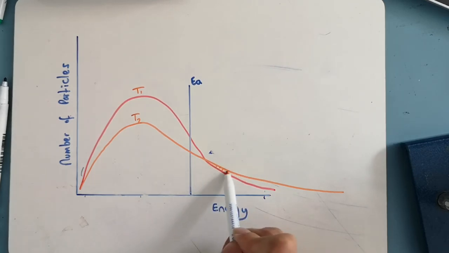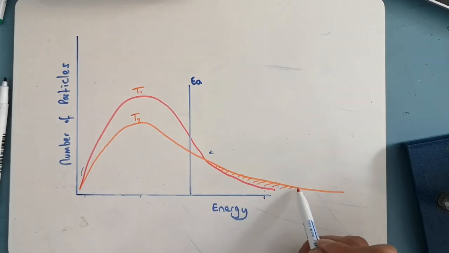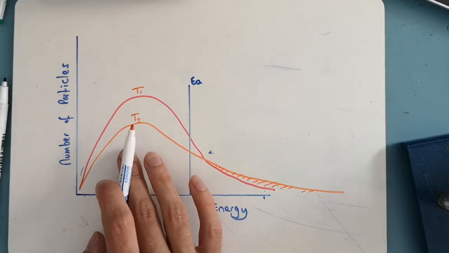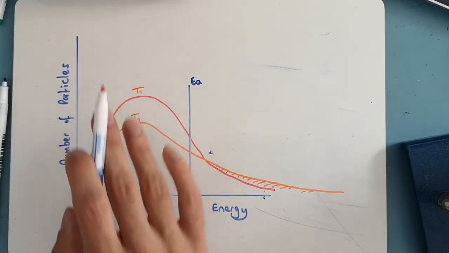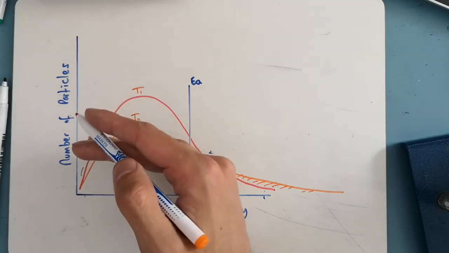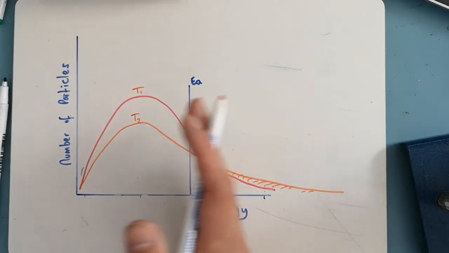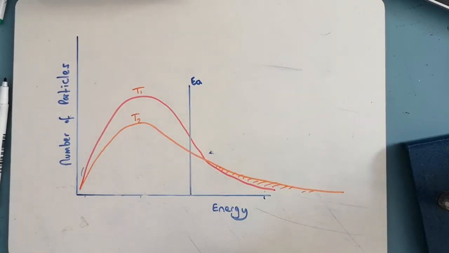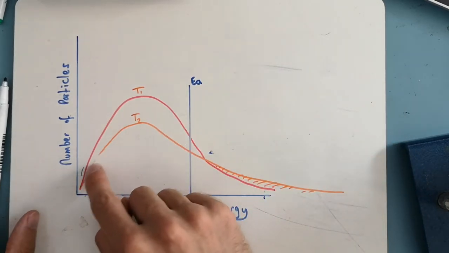So all of these suddenly can react that couldn't before. There are fewer particles now without enough energy to react. So increasing the temperature flattens down the curve and increases the number of particles to the right of the EA line. So that's the first way we can adapt it.